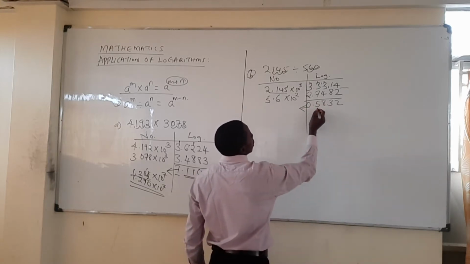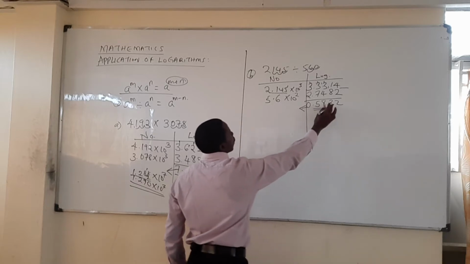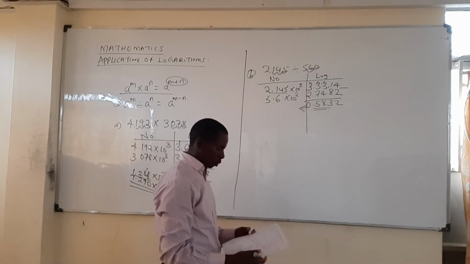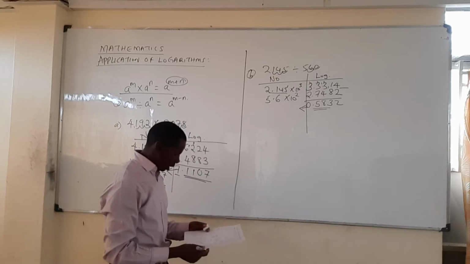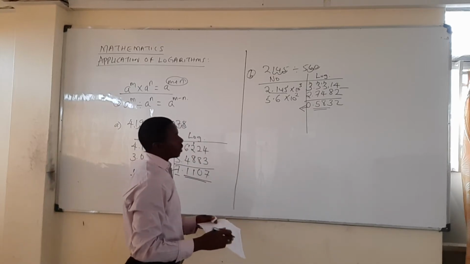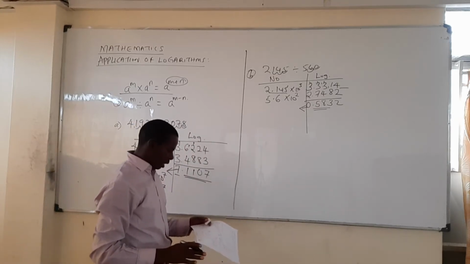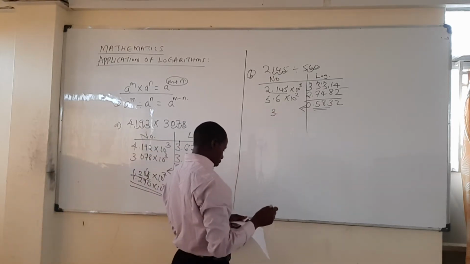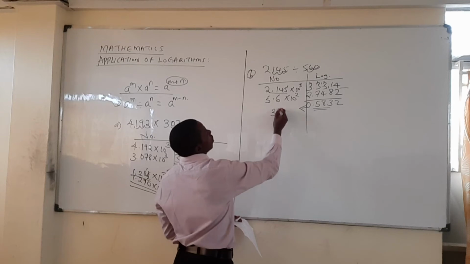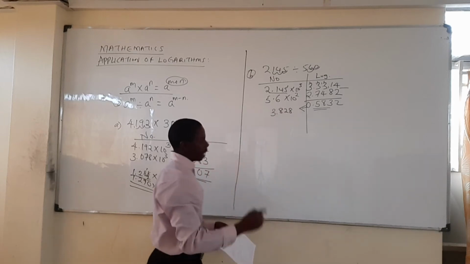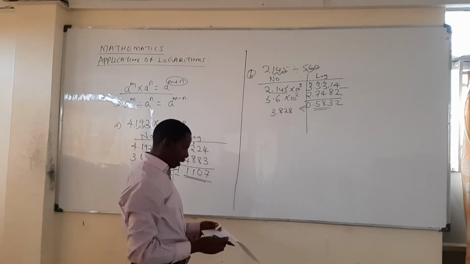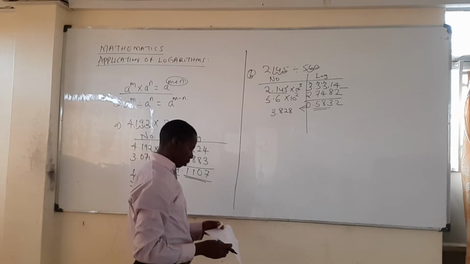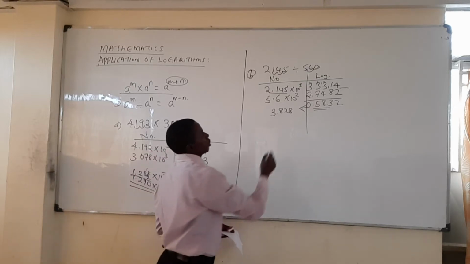So you're just going to read the answer of 0.5832. So 0.5832, we start with 0.583, that's going to be 3.828. Then additional column there, we add the 2, and they correspond with 2.